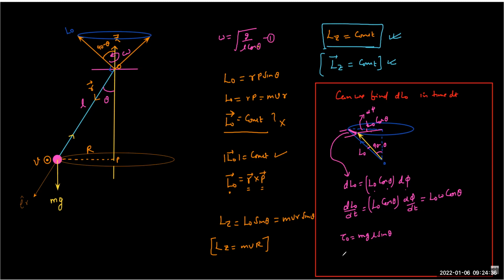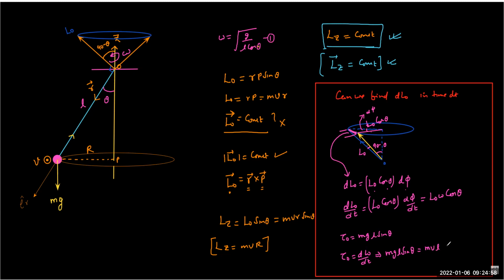And then the third relation is the torque about O is dl naught by dt. This implies mgL sin theta equals L naught omega cos theta. What is L naught? L naught was mvr. Oh, mvL only, right?